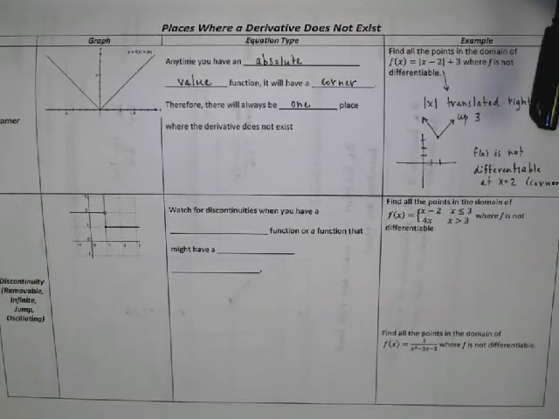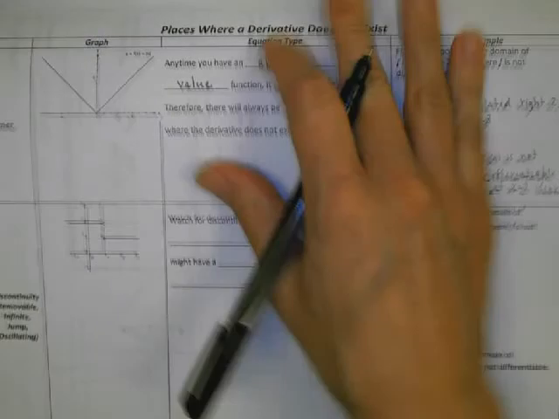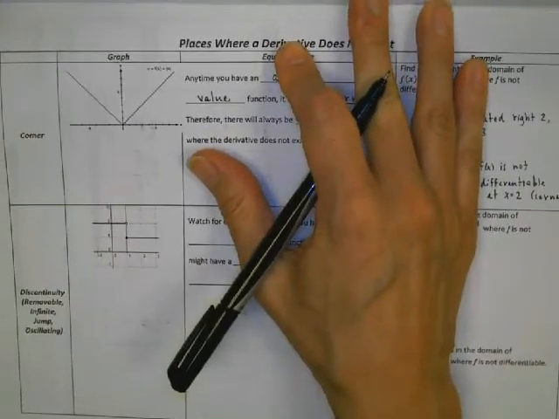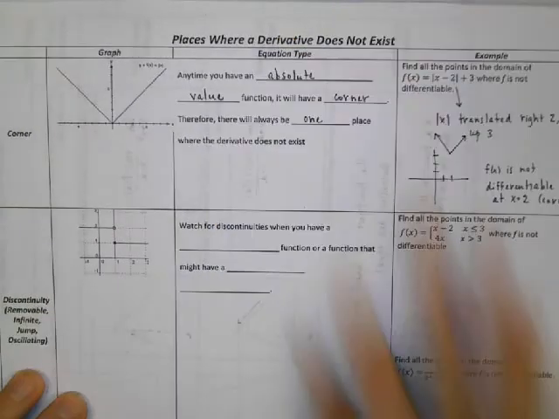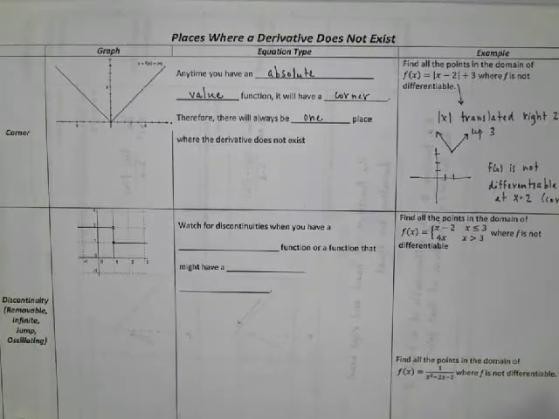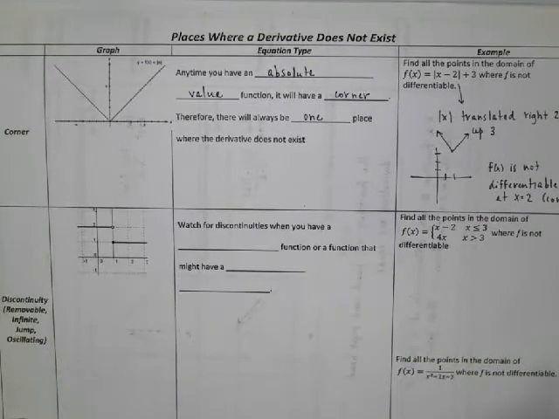Okay. Now, the last place where we're going to have a problem with our function being differentiable is anywhere there's any kind of discontinuity. So as soon as we have a discontinuity at a point, we're also not going to be differentiable there. So we need to watch for this, just like we were talking about with continuity.